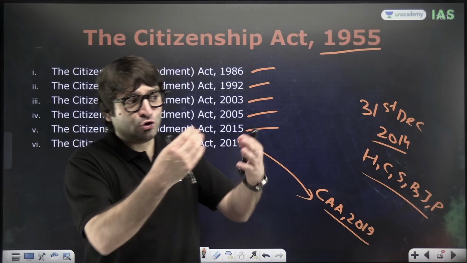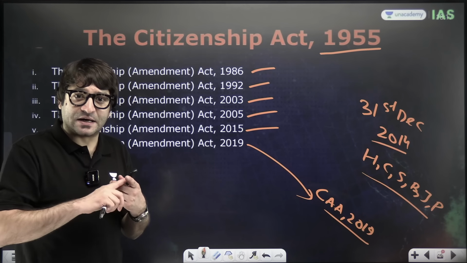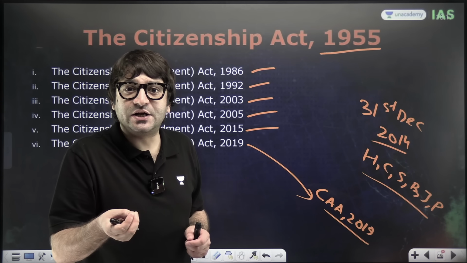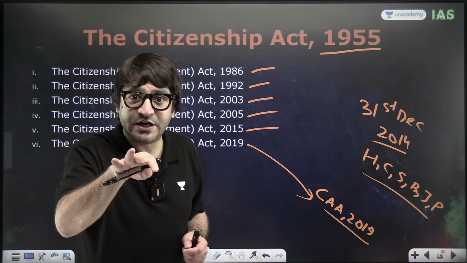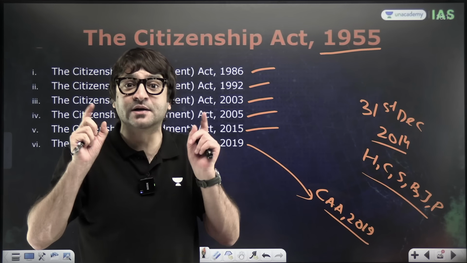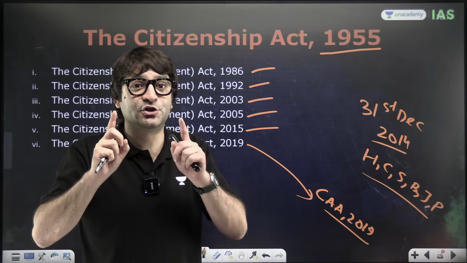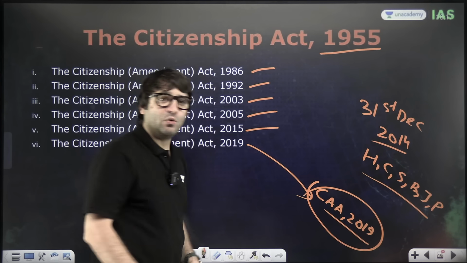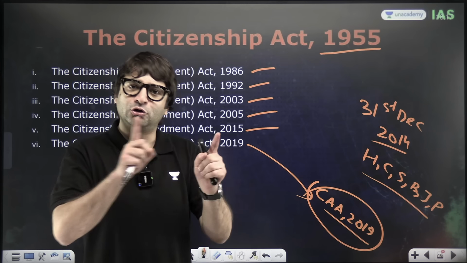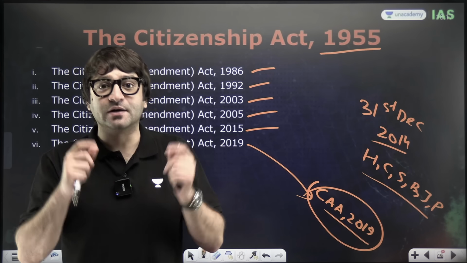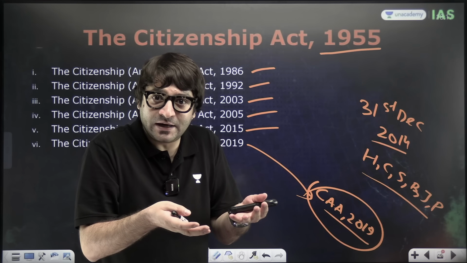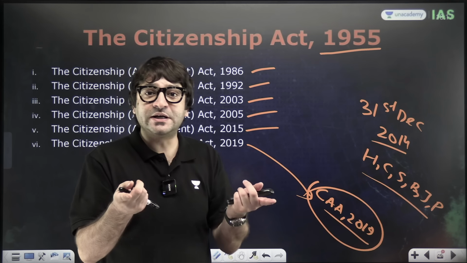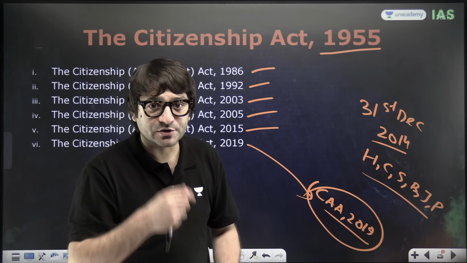And for that, you are leaving these 3 countries, Pakistan, Afghanistan, Bangladesh. You seek shelter in India. Maybe you are seeking shelter without any visa, without any travel documents, which means you are an illegal migrant. Illegal migrants were not eligible for citizenship, but an exception was provided in 2019 where these people shall not be deemed as illegal migrants. Although they are illegal migrants, but the law says you will not be deemed as illegal migrant. When you are not an illegal migrant, you are eligible for citizenship.